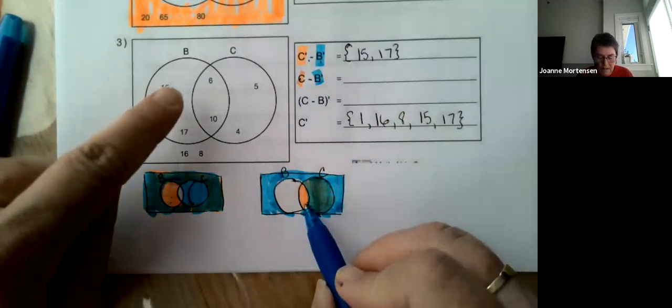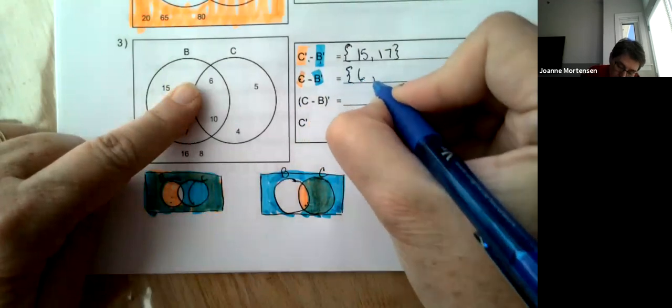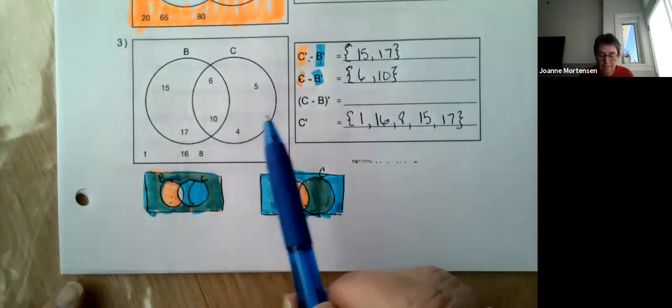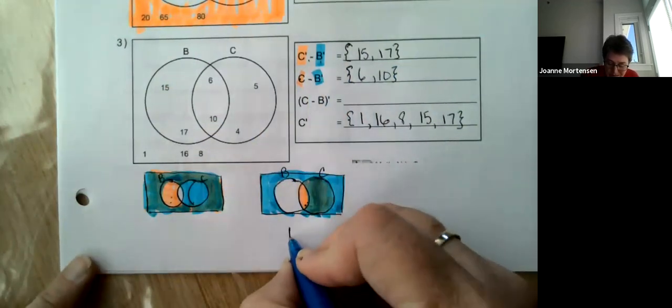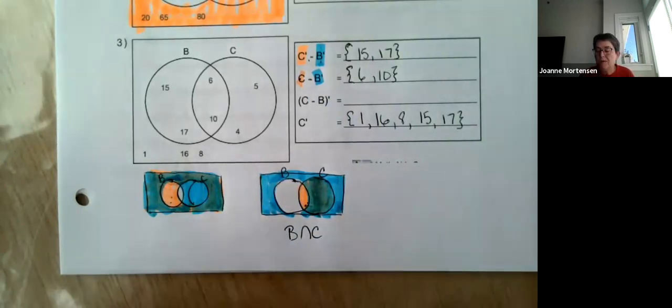So that's going to be the center. Now, this would also be the intersection C. But where's the fun in that?